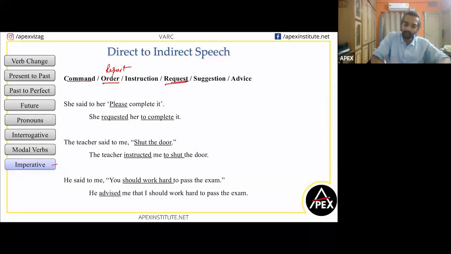Now I can say that she ordered her to complete it. I can use ordered her to complete it, or she can say advised her to complete it. You can use any one of those words. It's not a big deal at all. She urged her.